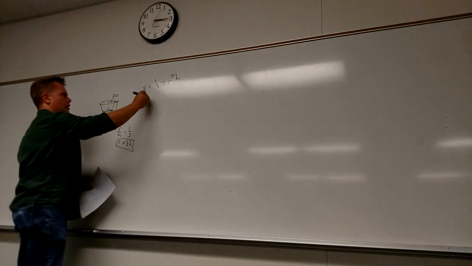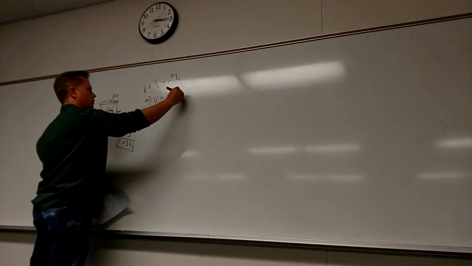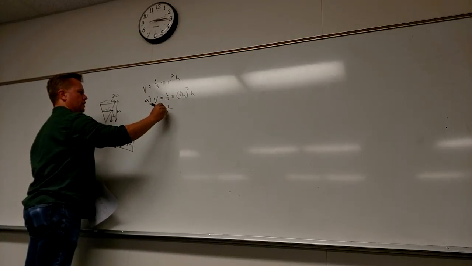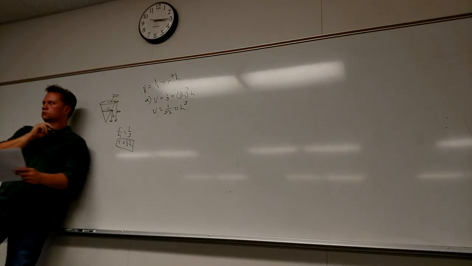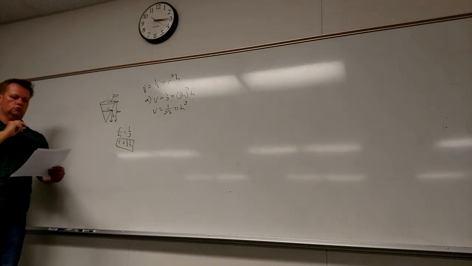So for part A, it's just going to be volume is 1/3 pi (1/3 h) squared h. So it becomes 1/27 pi h cubed. Is that cool? Well, that's in terms of h, isn't it, Jeff?